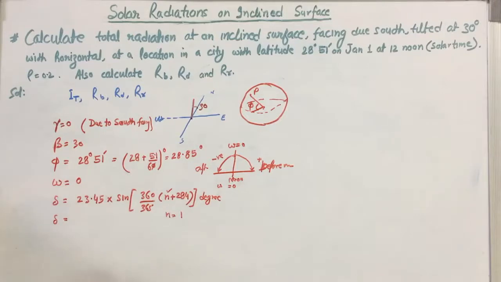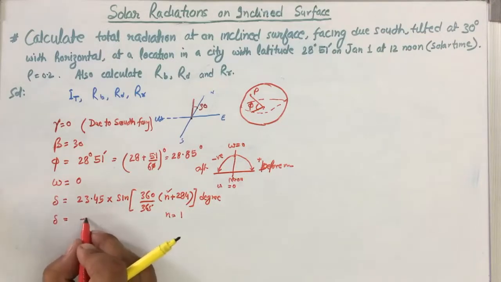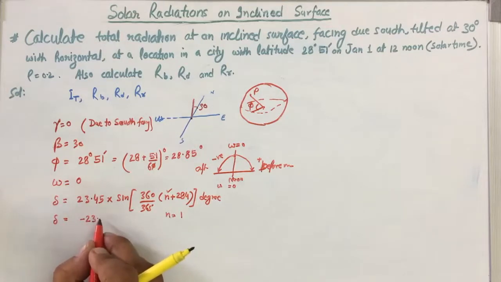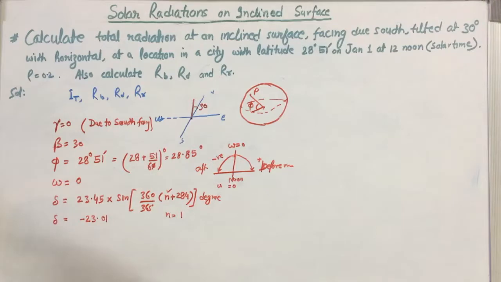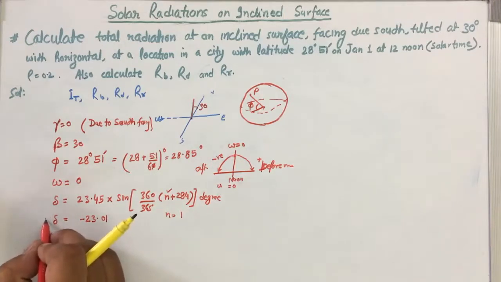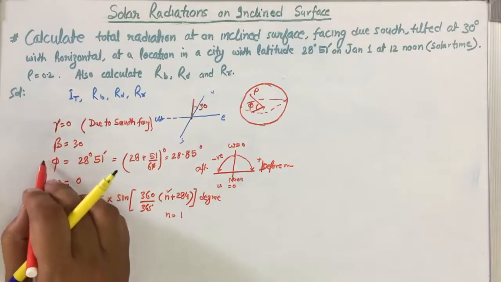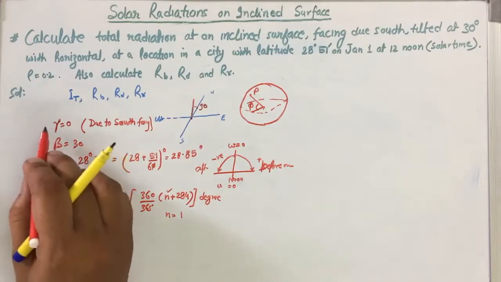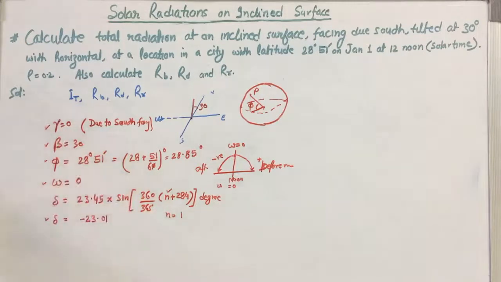After calculating the delta, I have calculated already, so we can put it directly from there, 23.01. So in this way, we know delta, we know our angle, we know phi, we know beta, we know south facing. So hopefully everything is known to us now.